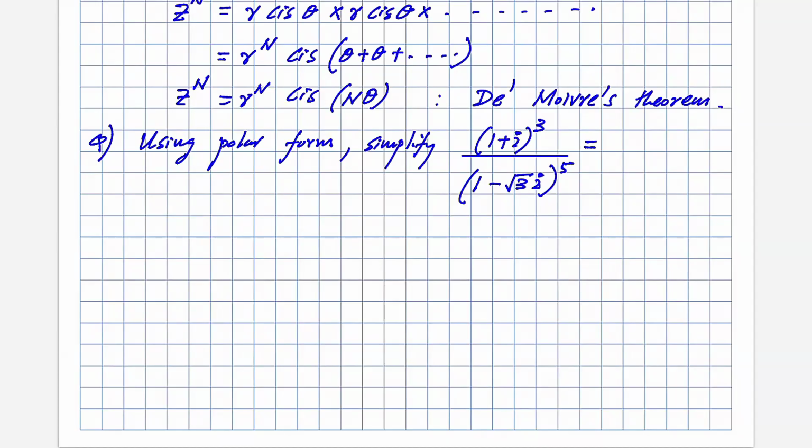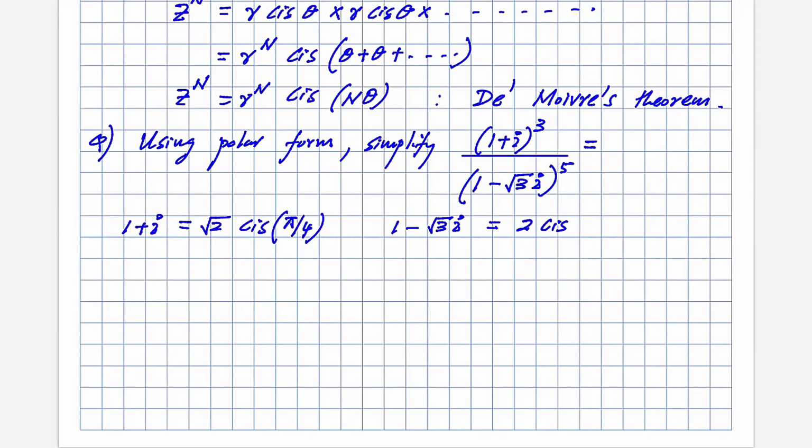So 1 plus I, you convert that, that's going to be square root 2 cis pi divided by 4, I think. Is that right? Then 1 minus square root 3I is going to be 2 cis what? Pi divided by 3?